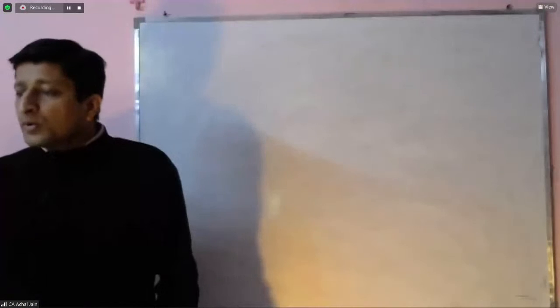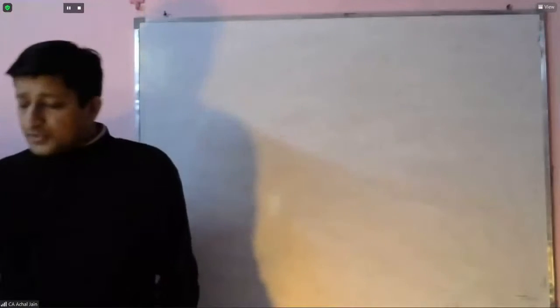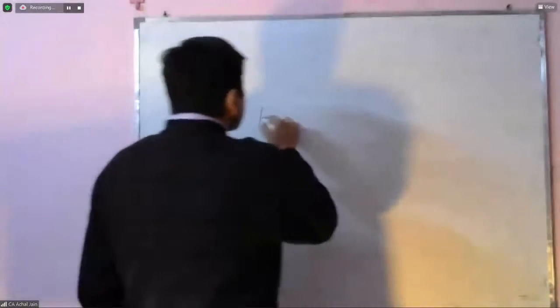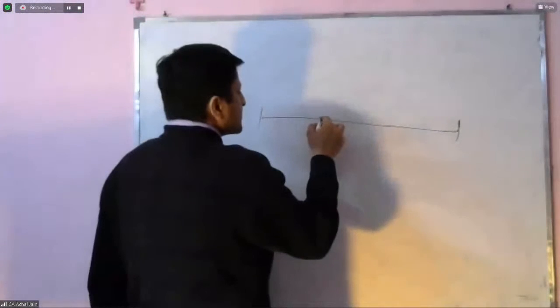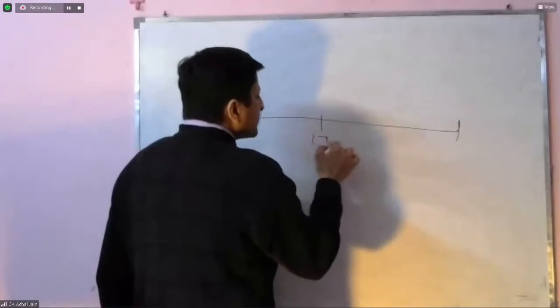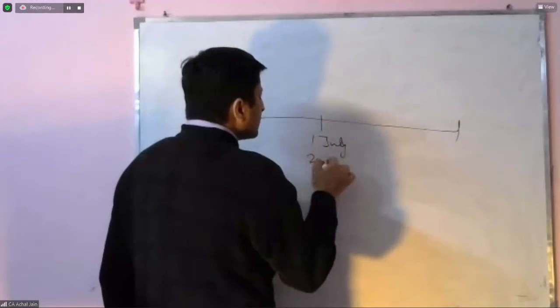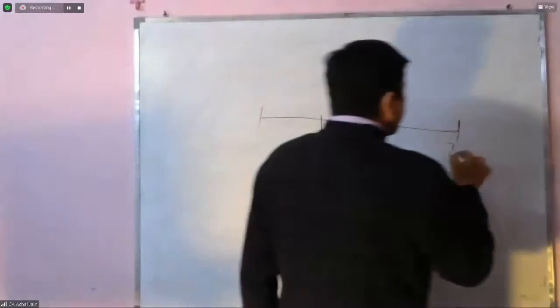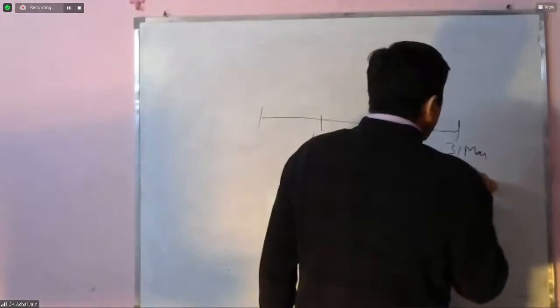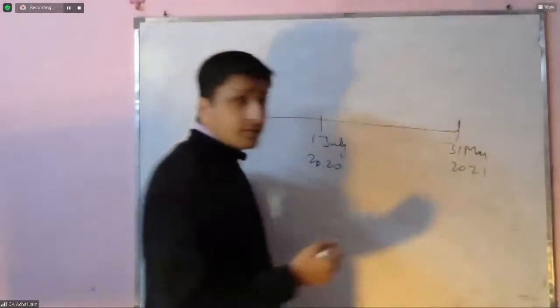Now, talking about the date of acquisition. In the example that we discussed towards the initial part of our session, we discussed that on 1st of July 2020 an acquisition took place and the year end will be 31st March 2021.